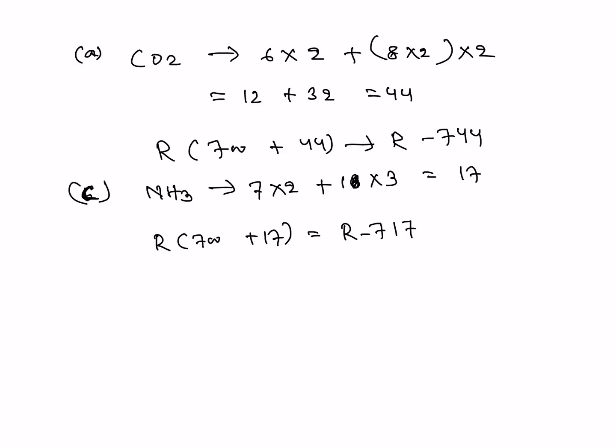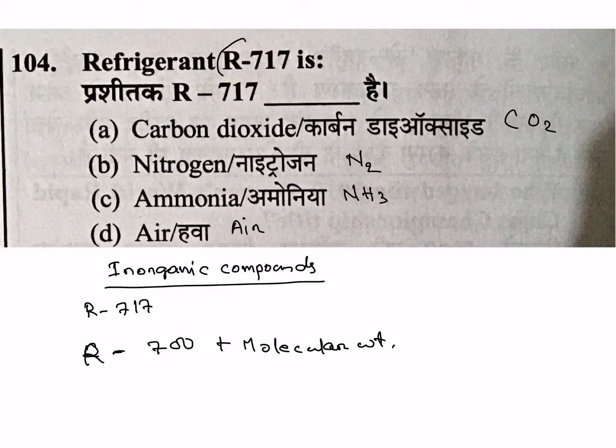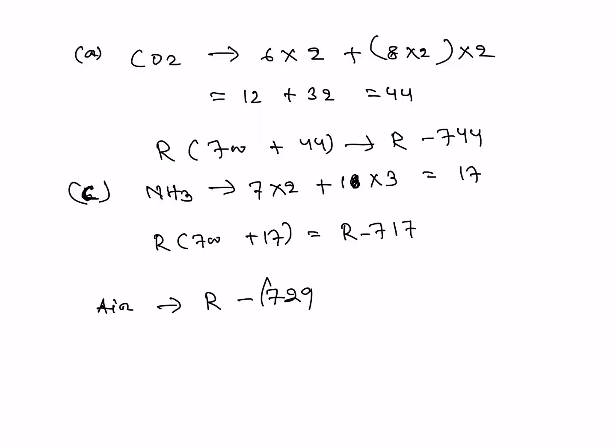Then for air it will come like this. If you check, you will get R729. So R717 is ammonia. C is your correct answer. No need to check others also. Nitrogen no need to check. Air you just remember R729.